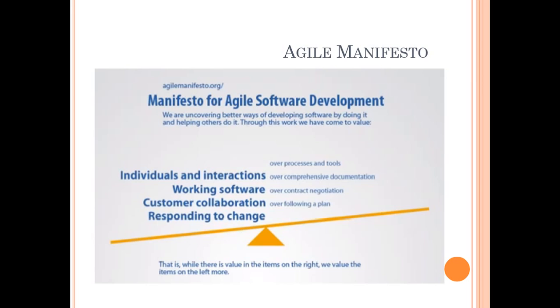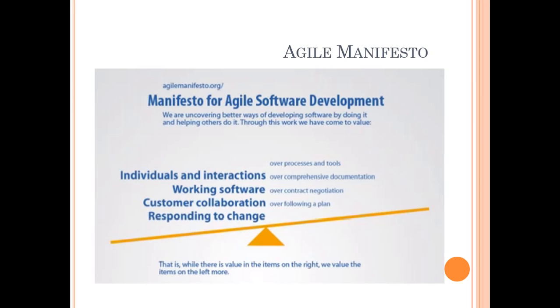We involve the customer throughout the development process. I said we have a very big feedback loop in Agile, and the customer is involved throughout the development process at various levels, so he can go ahead and check what we are doing. Is it up to the mark, or is it what he has expected?